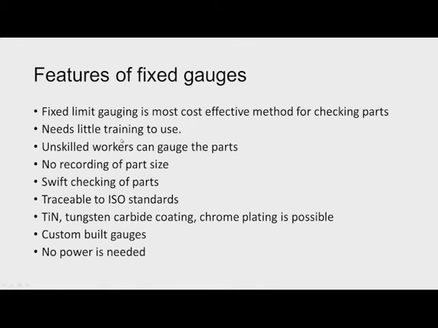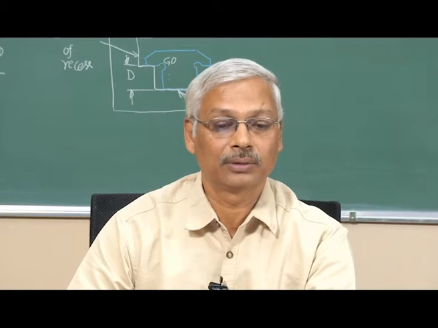And it requires very little training, since the gauges are very simple to use and not much detailed training is required to train the operators, and unskilled workers can use the gauges and check the workpieces. No measurement is made and no recording of the workpiece size is made.